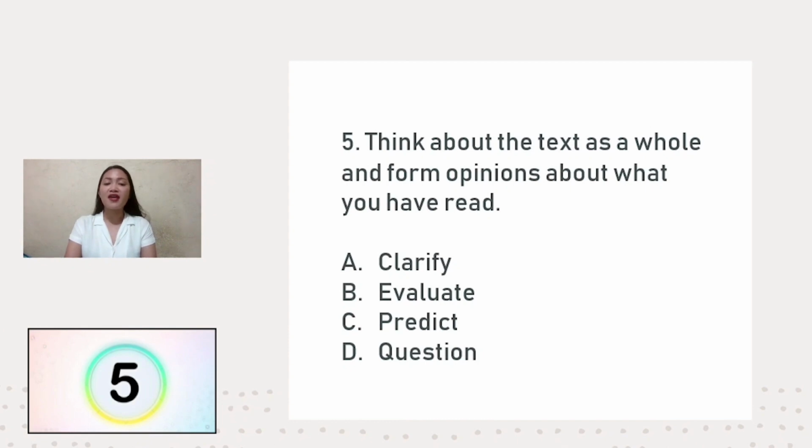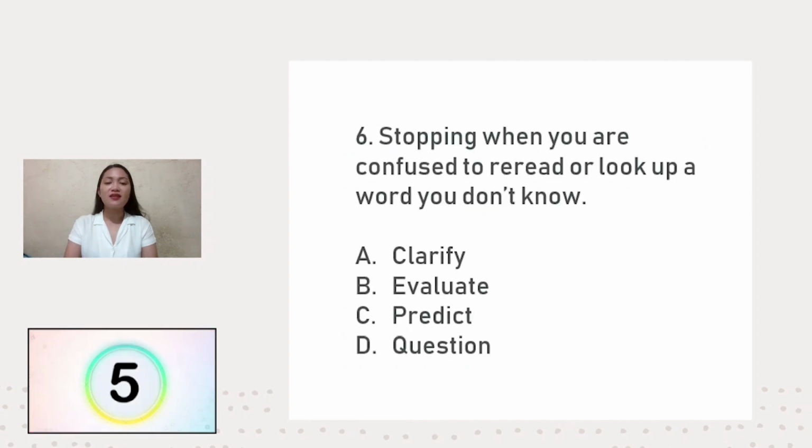A. Clarify. B. Evaluate. C. Predict. D. Question. Number 6. Stopping when you are confused to reread or look up a word you don't know. A. Clarify. B. Evaluate. C. Predict. D. Question.